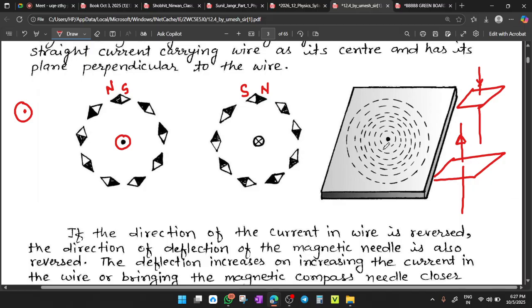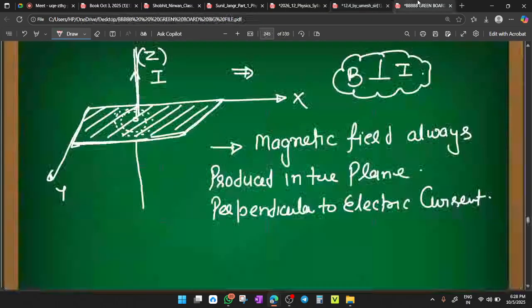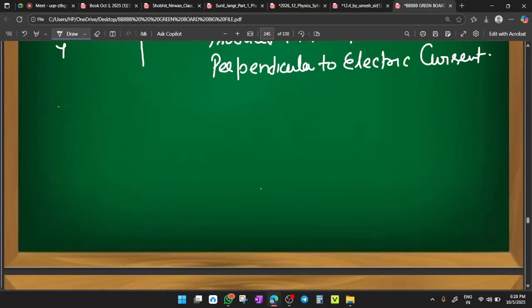Yes or no? Okay. And this is the pattern of magnetic lines of force. So we have taken the idea here that with respect to a current carrying conductor, the pattern of the magnetic field is a concentric circle. So write it.